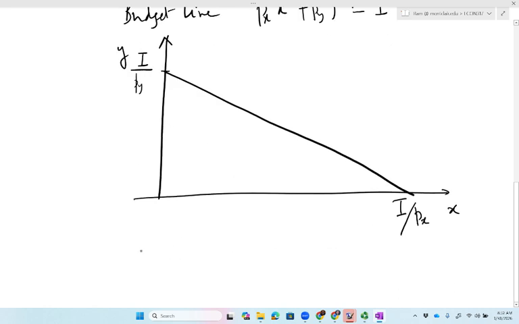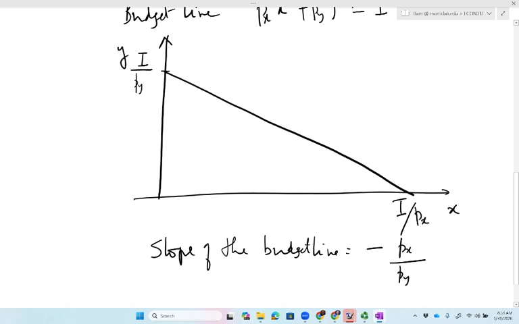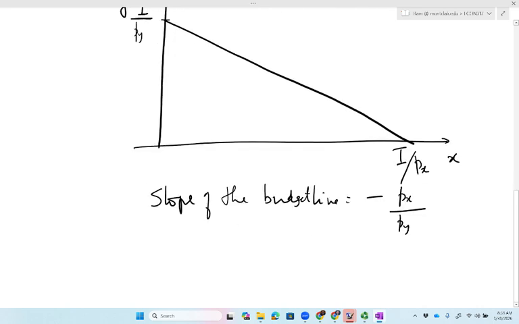And we can check the slope of the budget line, which is the rise over run, the formula for the slope, and we can check it turns out to be, first the slope is negative, you can see the budget line is downward sloping, price of good X over price of good Y. So this is the general description of budget set for two goods where we have used notations rather than numerical values.